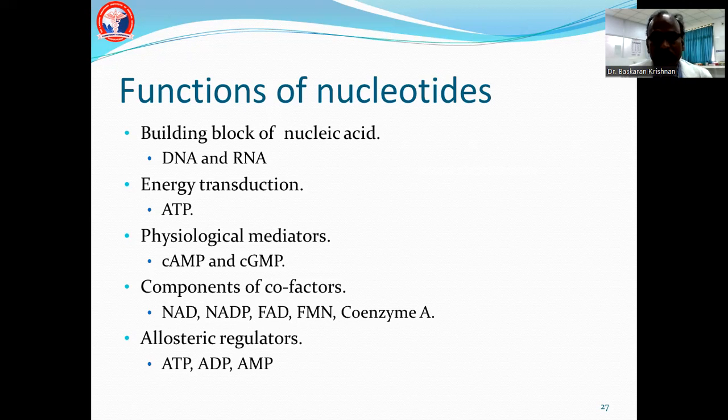They are components of coenzymes: NAD, nicotinamide adenine dinucleotide, and NADP, FAD, flavin adenine dinucleotide, FMN, a mononucleotide, and coenzyme A, which contains pantothenic acid. In all these we have nucleotides. They also act as allosteric regulators. For example, ATP, ADP, and AMP regulate metabolism by acting as allosteric regulators.